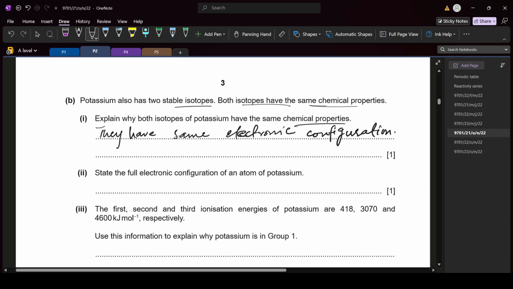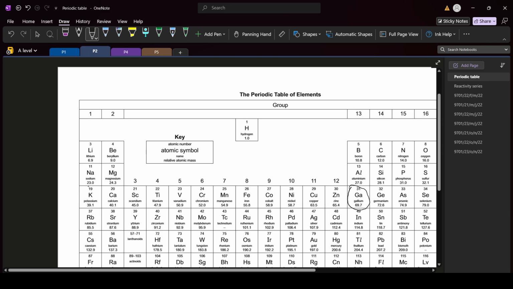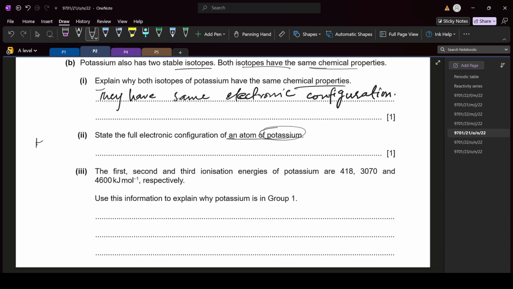State the full electronic configuration of an atom of potassium. From the periodic table, potassium has a proton number of 19, so it will have 19 electrons.